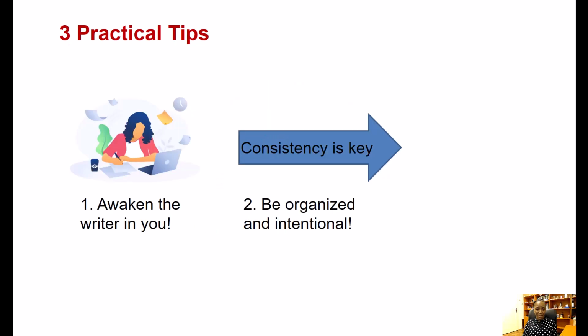The second tip is consistency. So once you start this writing process, you don't leave it to chance. You have to be intentional about which times you want to write and put it into your schedule. So you can decide that you want to write, for example, 2 hours every evening before you go to sleep, or maybe 1 hour every day when you wake up before you go to work or something.